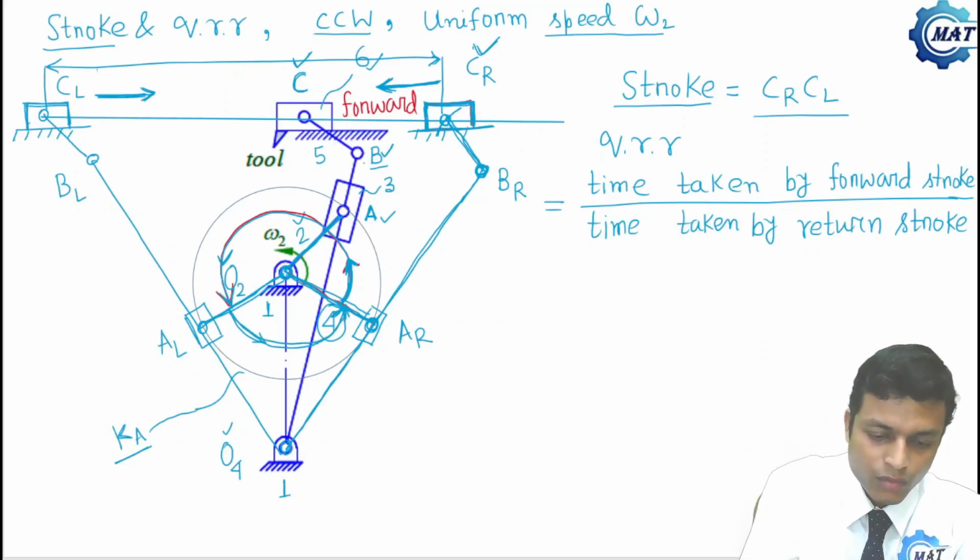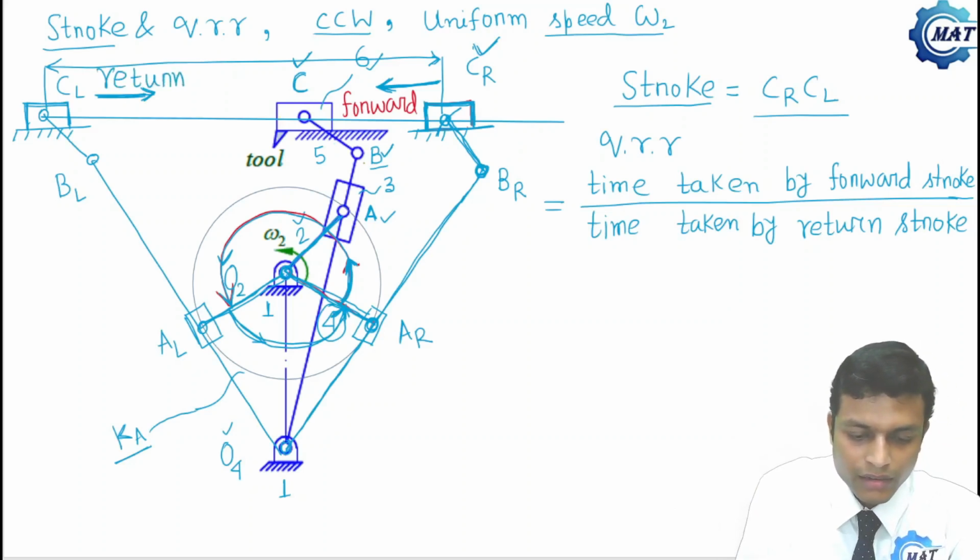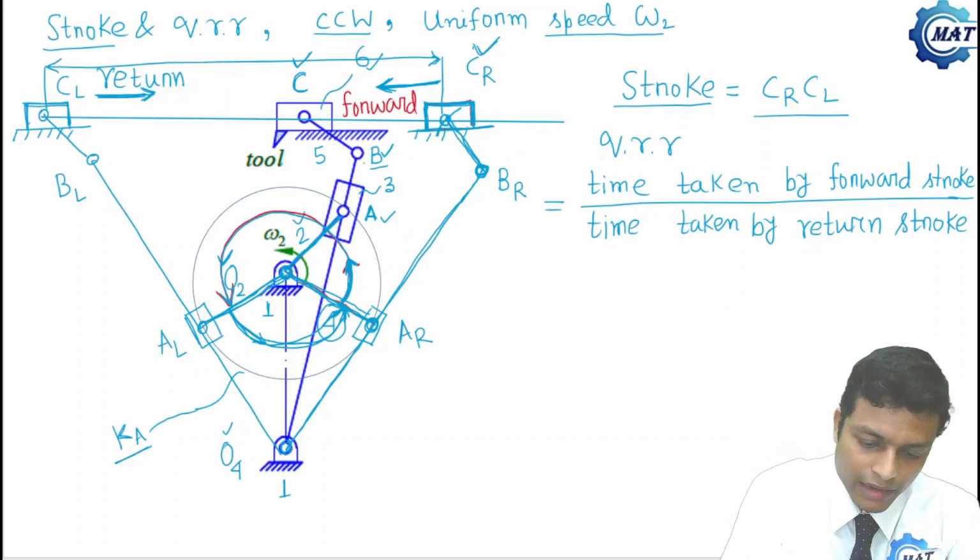Now this is the return motion. In return, the slider moves from CL to CR and the crank moves from O2AL to O2AR. Let me denote the total angle O2AR to O2AL by theta F, and O2AL to O2AR by theta R.